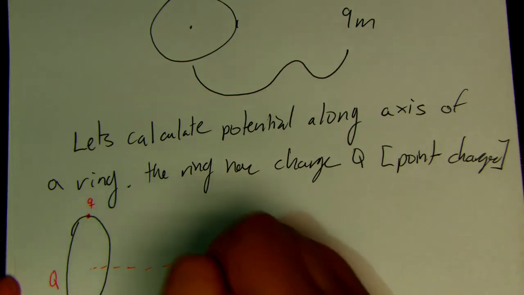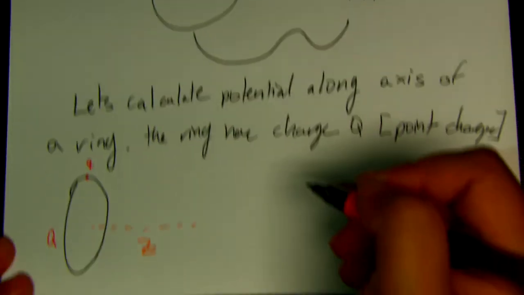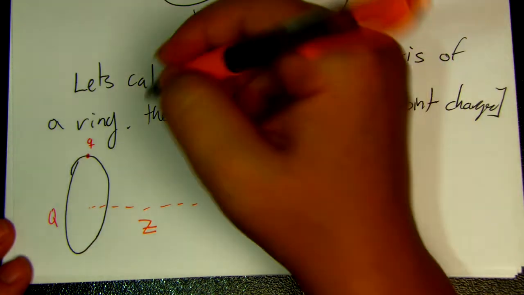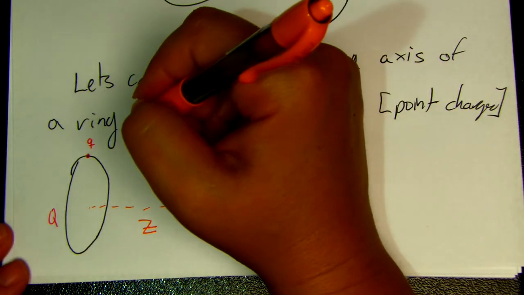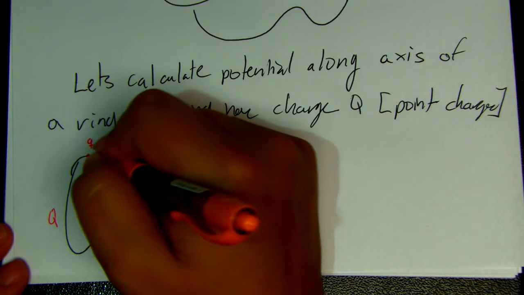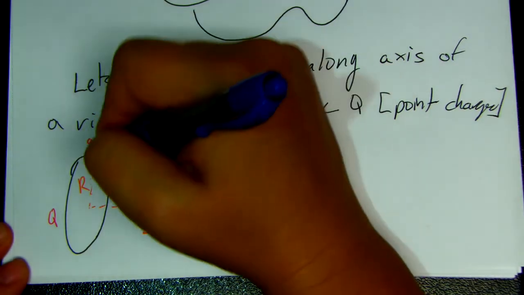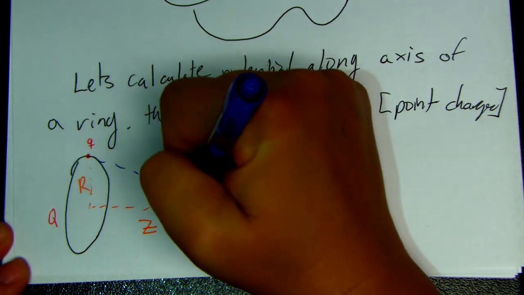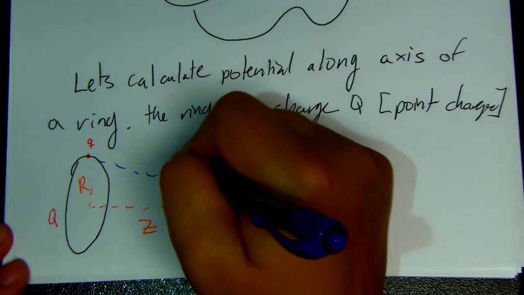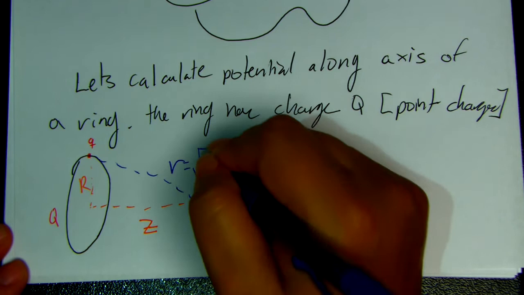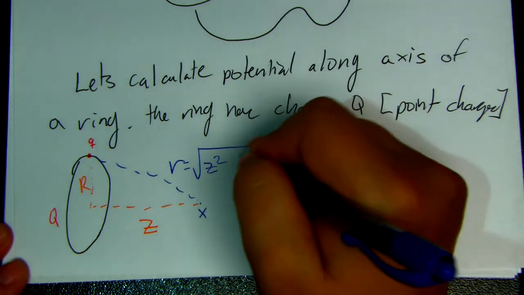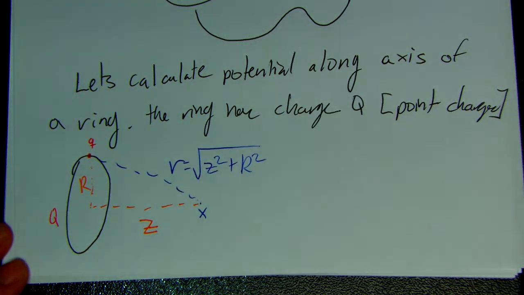So let's say this is the z-axis going through it, and it's got some radius R. And now, if we're observing here, for each little q, the distance r, if we just use Pythagoras, is the square root of z squared plus R squared.